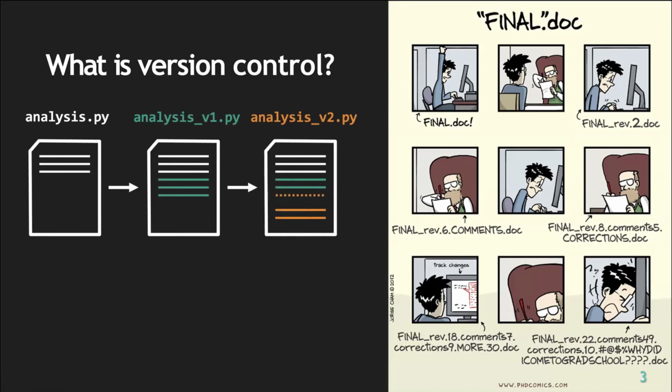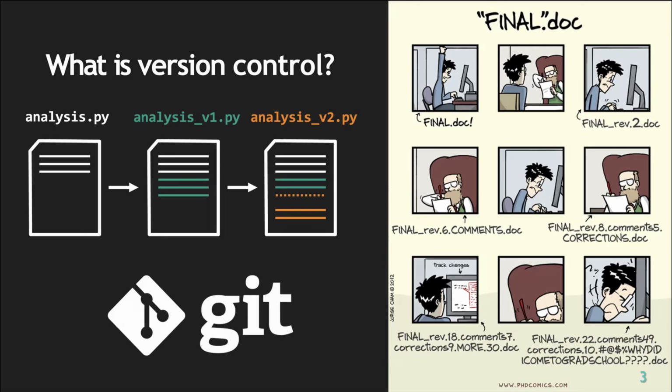We fix some bugs, add more functionality, and after a while, we have a couple of those files, different versions of essentially the same thing. And we end up with the same problem that we clutter up our workspace. And after a while, we don't know which changes we made, why we made them, and what's the right version for a given task. And this is where version control helps us in organizing this.